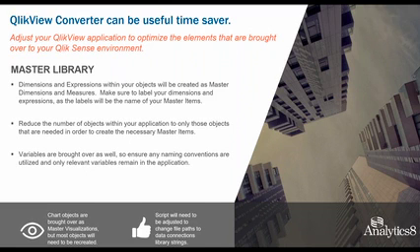Now, one of the things, though, is it does take a little bit of pre-work and thought when you're using this converter, because the Qlikview Converter system will bring over every object, and it will look at every dimension and every expression, and it will create those as master items. In doing so, it will use the label or the name of the dimension or expression as the name of the master item in that library.